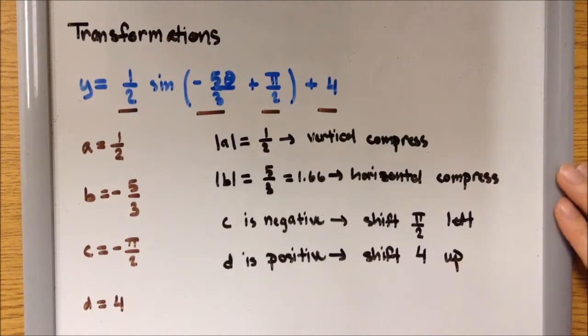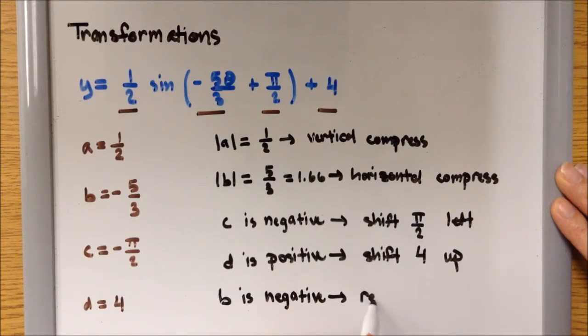Now, we're not finished, we're almost there, but we have to take a look at the B value. B is negative. Since B is negative, it's going to be a reflection.